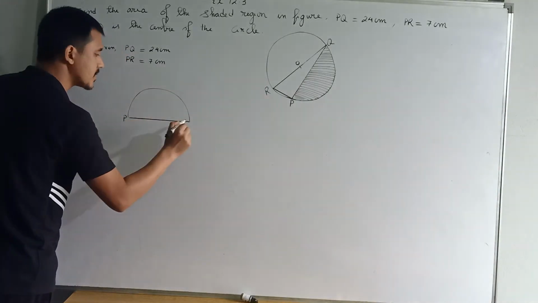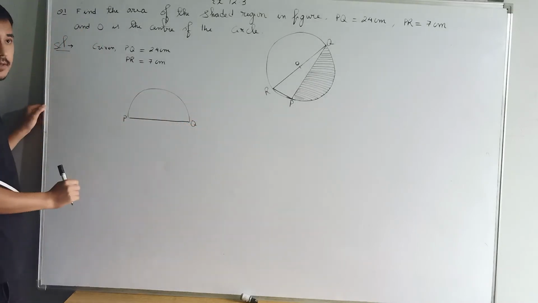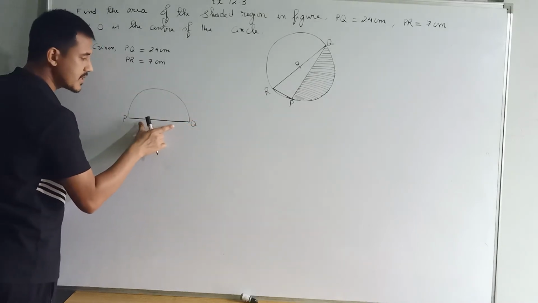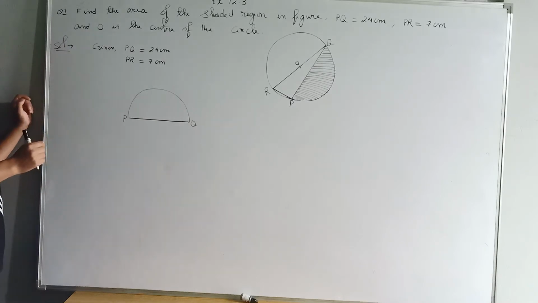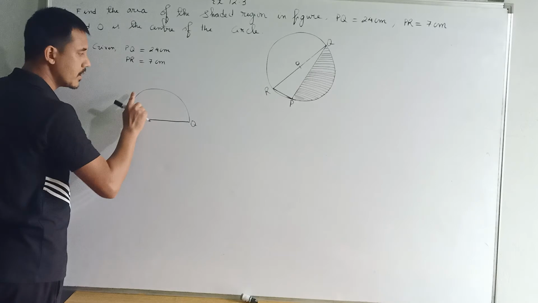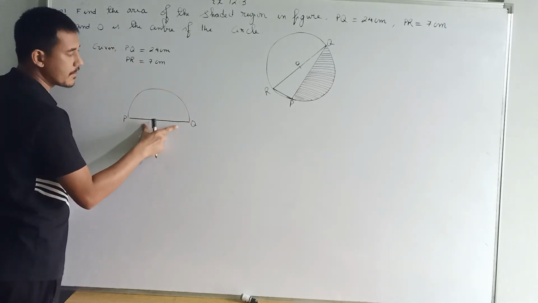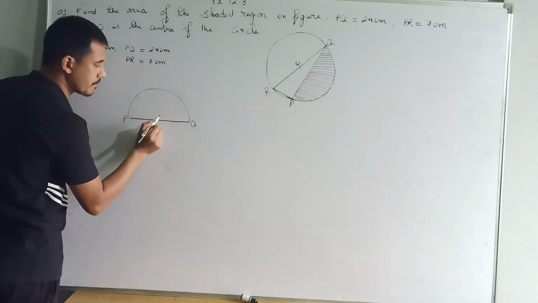If this is a semicircle, then PQ is the diameter of the semicircle.